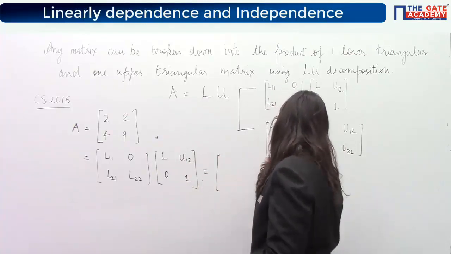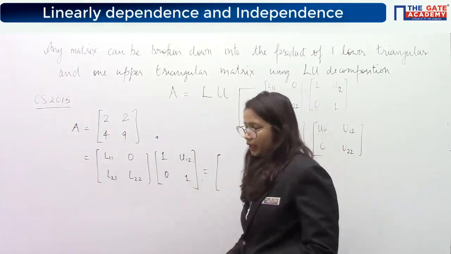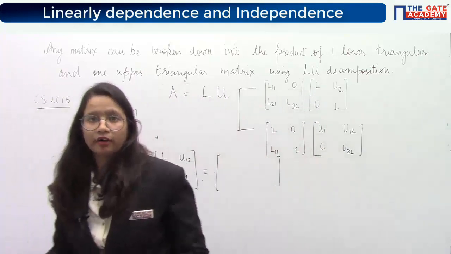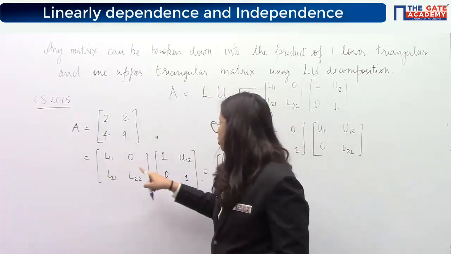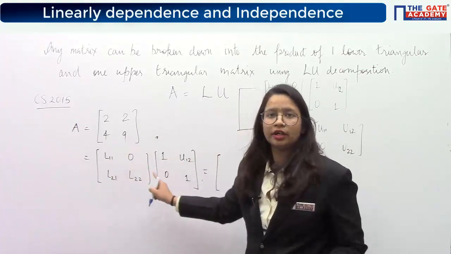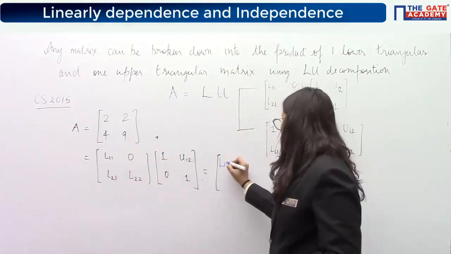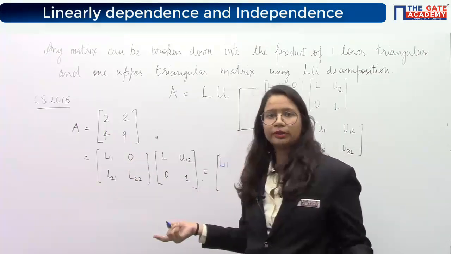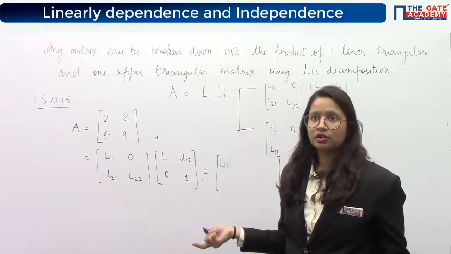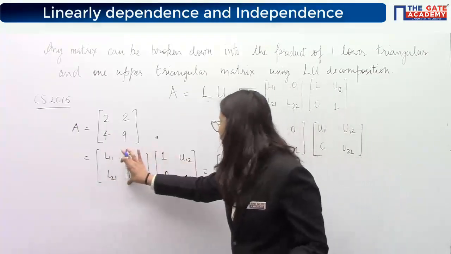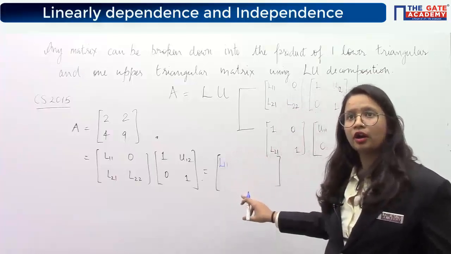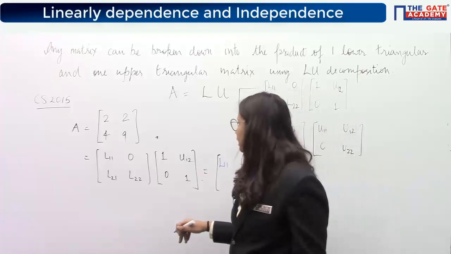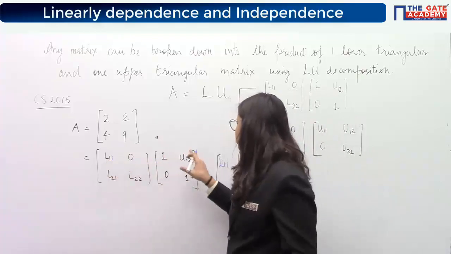First element of this multiplication matrix will be first row multiplied with first column, L11 into 1, L11, and then 0 into 0 will be 0 only. Understood? The first element will be L11. And the second element will be by multiplying this row with the second column.